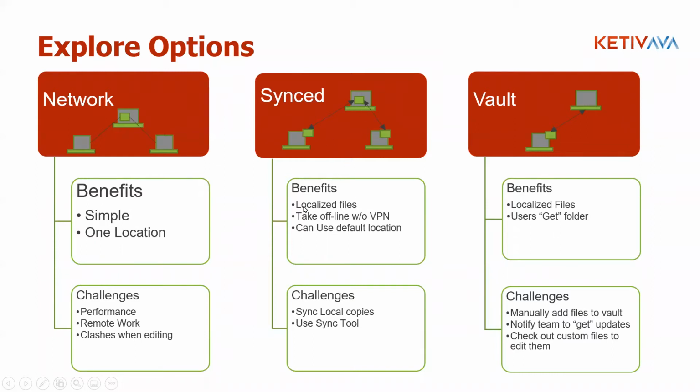The benefit there is that all your files will be localized. So now you don't have to go across a network to get all your content, and it'll make your program work a lot faster. You can also take this offline. So let's say you have to go out into the field, or your network's down, or for some reason you can't access the VPN. You have everything you need on your computer.